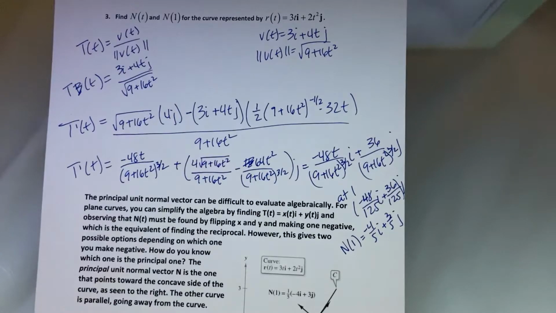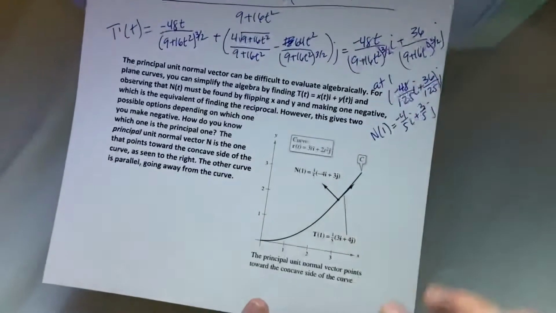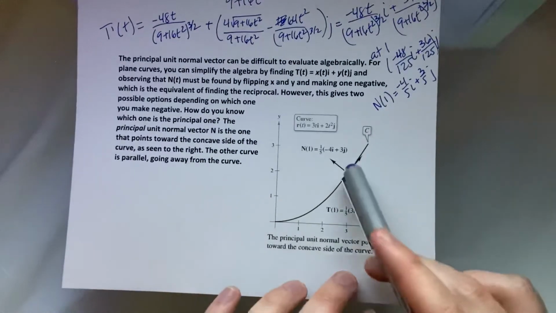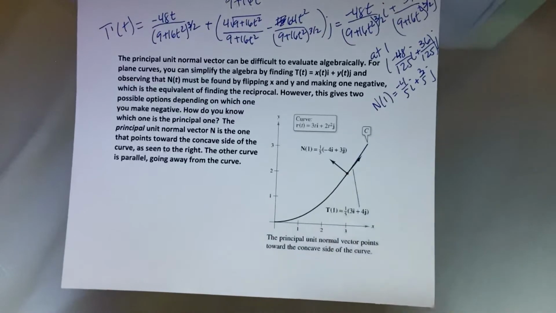So the problem happens here in three-dimensional spaces is that there's an infinite number of these. In two-dimensional spaces, there's only two. There's two things perpendicular to the tangent line, one going towards the shape and one going away. The principal unit normal vector is the one that goes towards the concave side. So if it's curving downwards, it's the one going down.